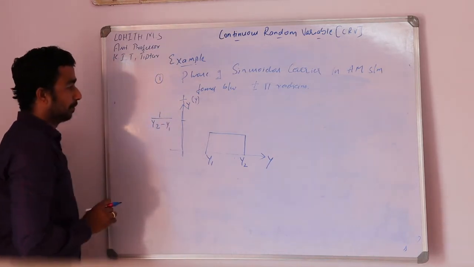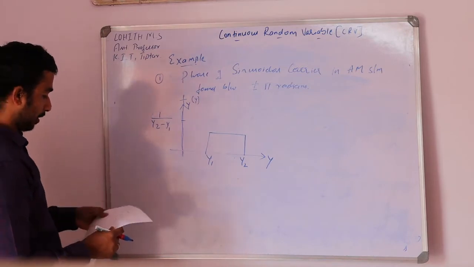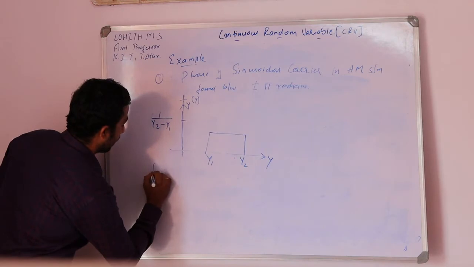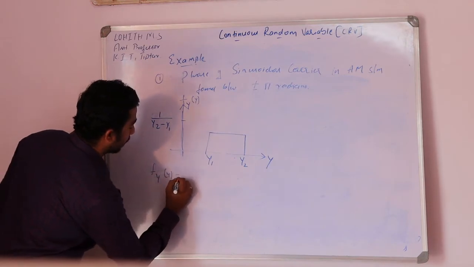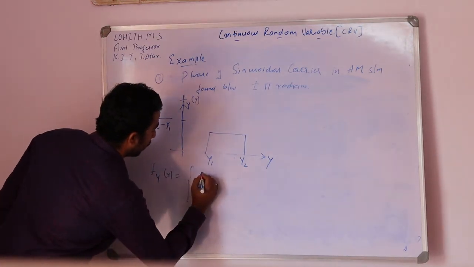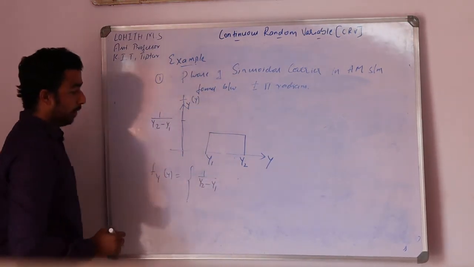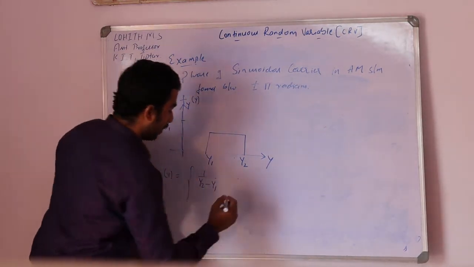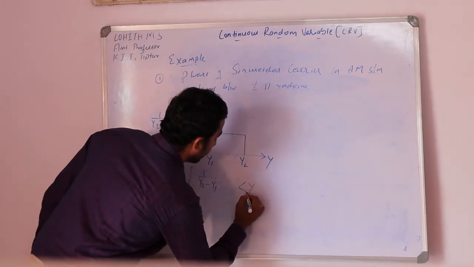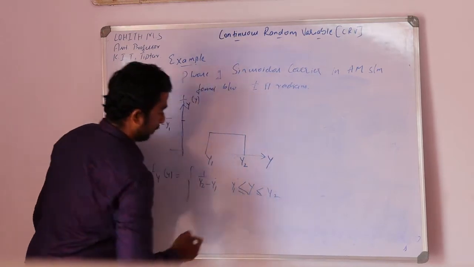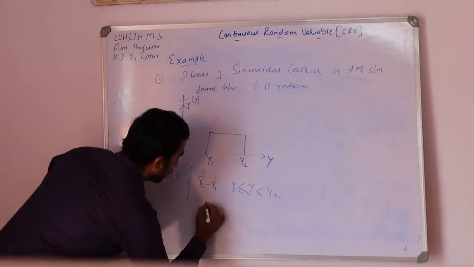This is the PDF, the probability density function, and we can write this as fY(y) is equal to 1 by y2 minus y1 for y between y1 and y2, and 0 otherwise.